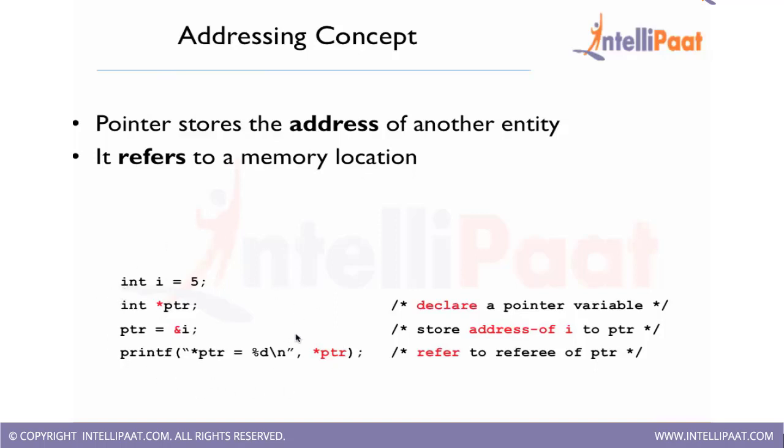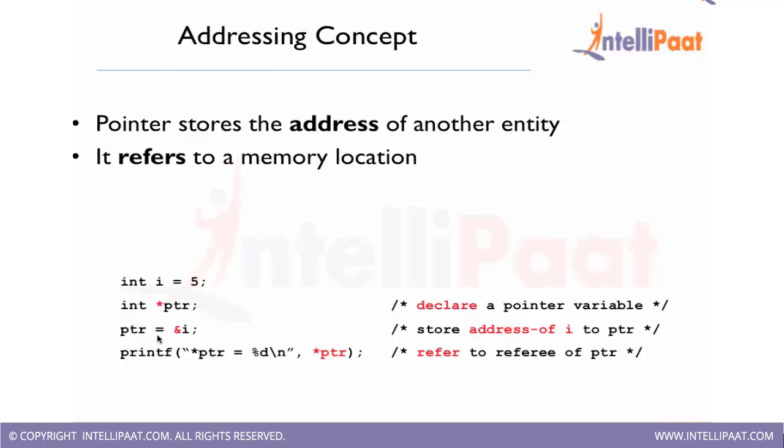Just consider this very small example. int I equal to 5, we have declared one variable with value 5. Now this is how we declare the pointer variable, with a star in front of it. So this is an integer type of pointer. Star is used to declare a pointer variable, and the type of pointer is integer pointer.